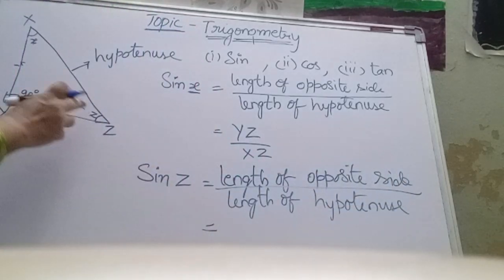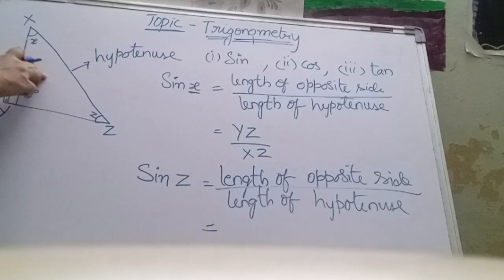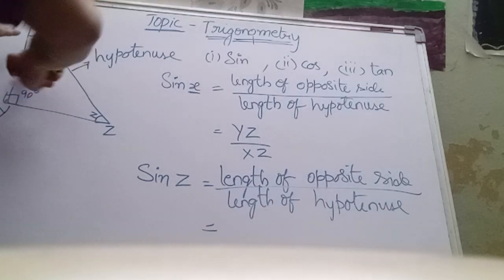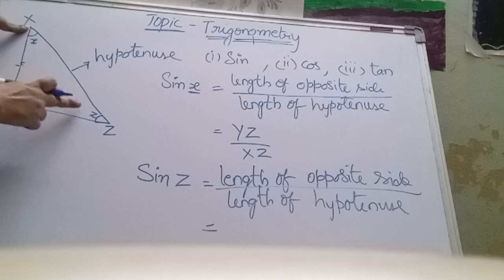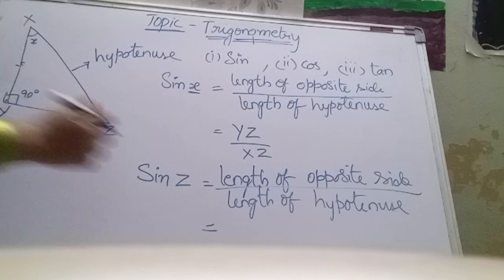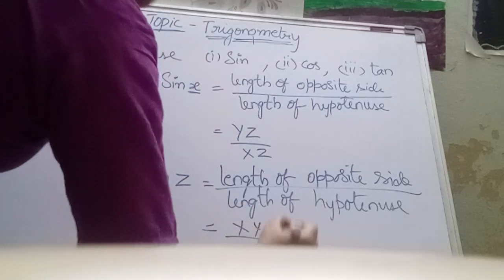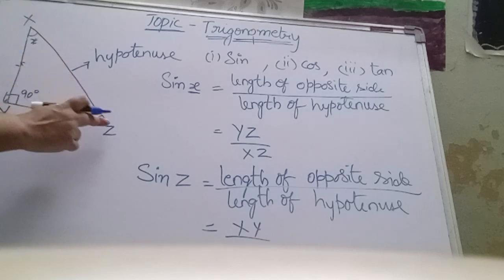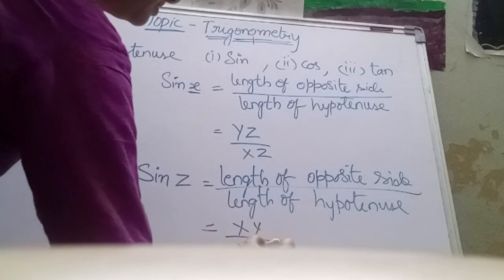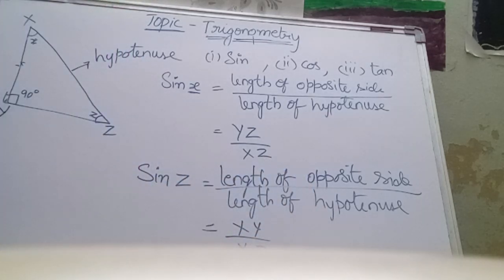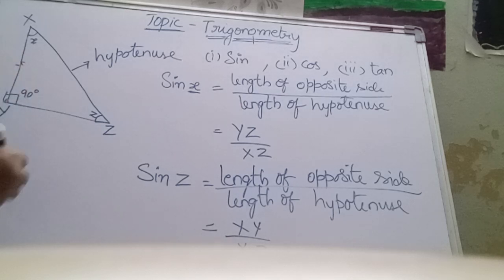So what will you get? For z, this is the opposite side, so xy by the hypotenuse, Xz. Got it?